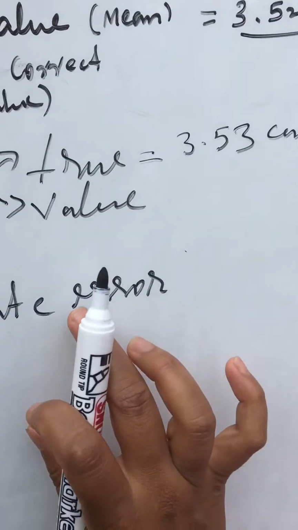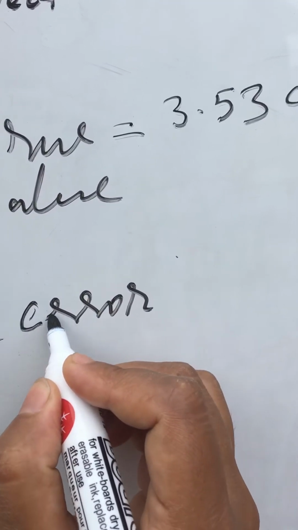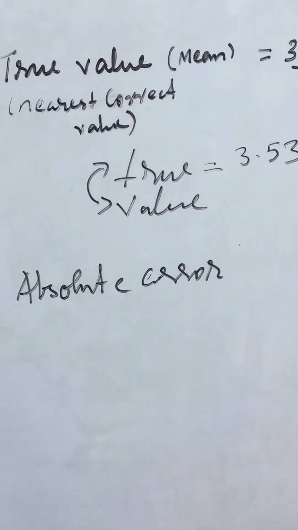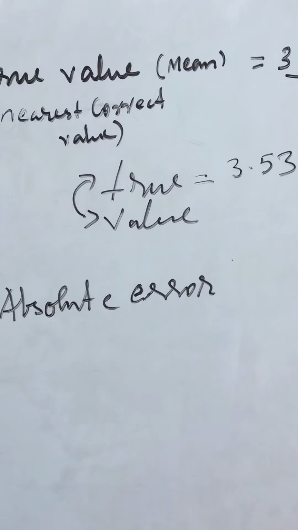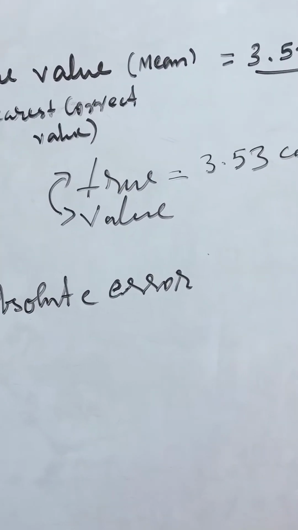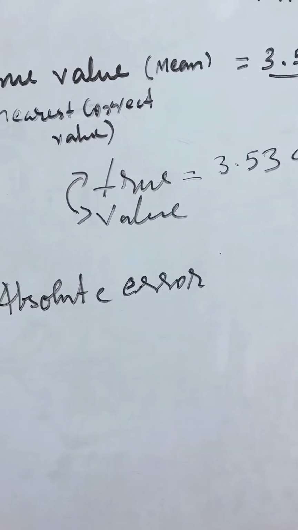My writing is not proper as I'm holding the mobile in my hand, so please bear with it. Absolute error is the difference, the deviation from the true value.